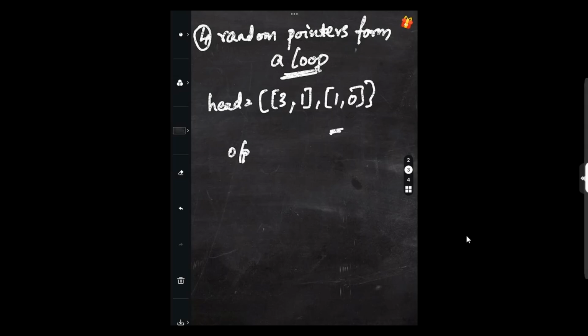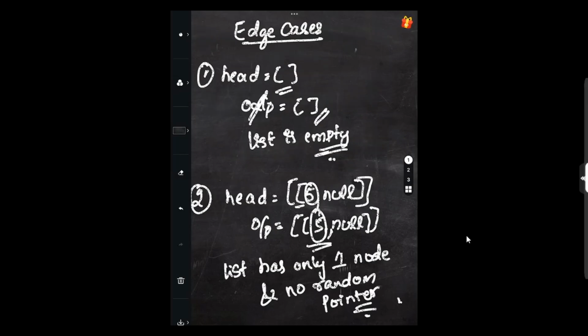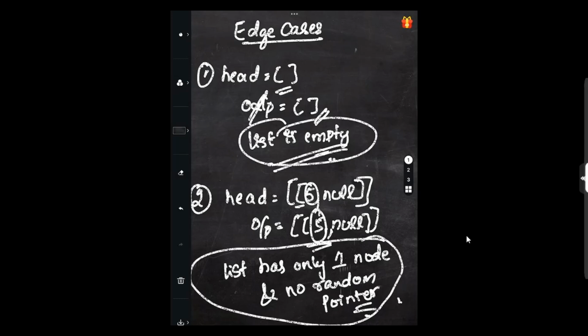Output will be the same thing: 3 comma 1 and 1 comma 0 here. So this is for the condition when random pointers form a loop, right? So these are the 4 edge cases that we have to keep in mind. First is when the list is empty. The second is when the list has only one node and no random pointer.